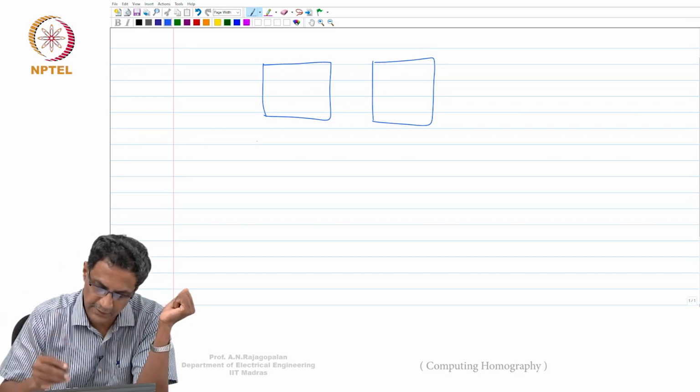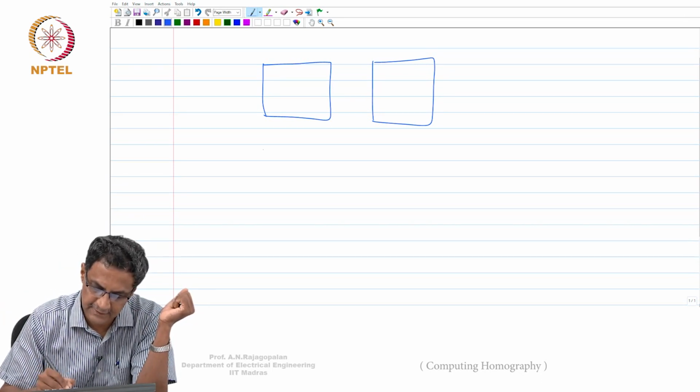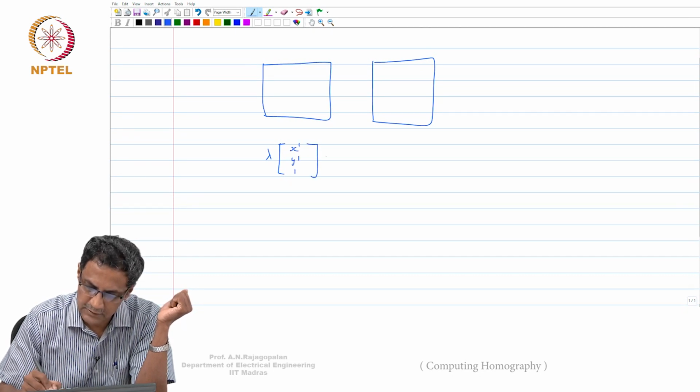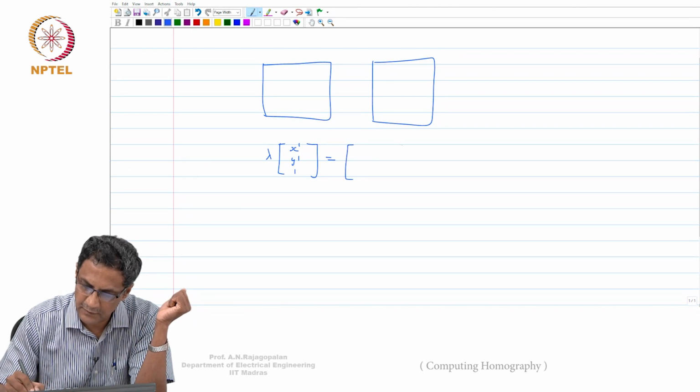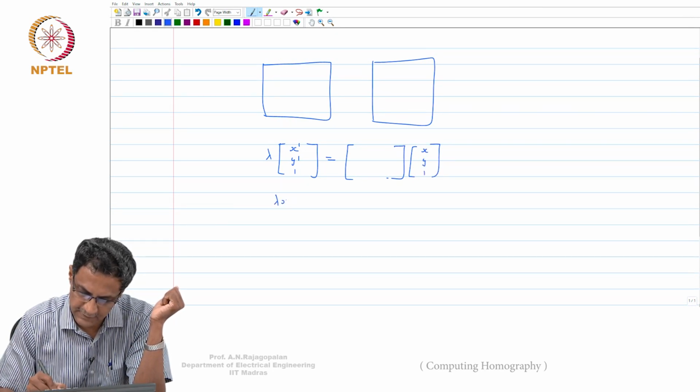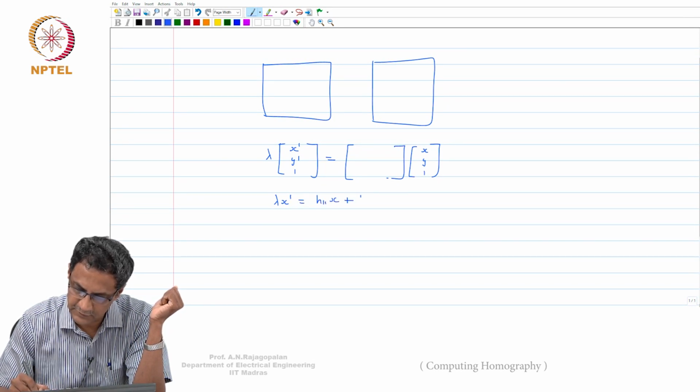I'll show you why. Let us say that you have lambda times x dash, y dash, 1 equal to h, which is h11 and so on, times x, y, 1. If you just expand this, you will get lambda x dash is equal to h11 x plus h12 y plus h13.